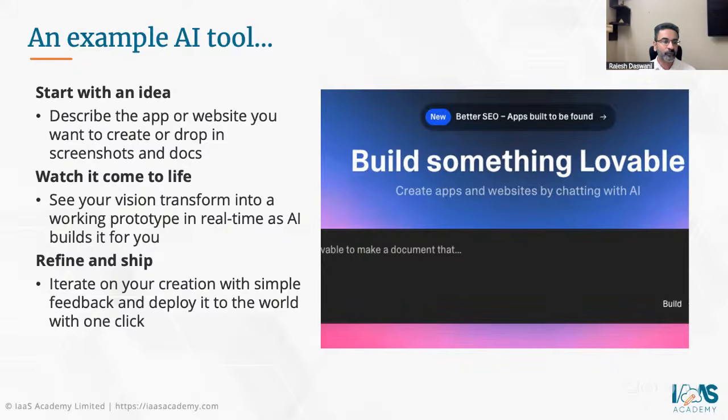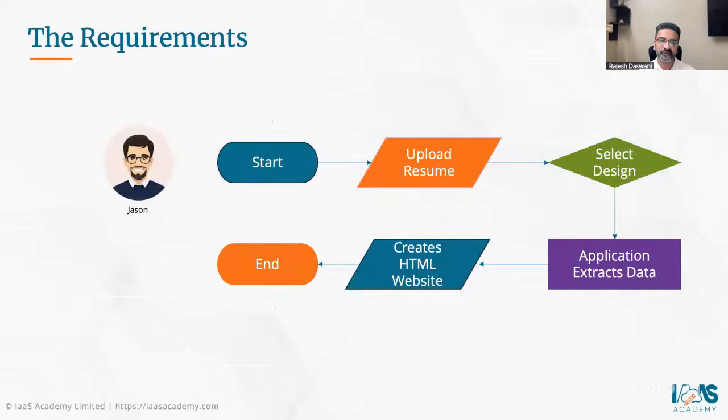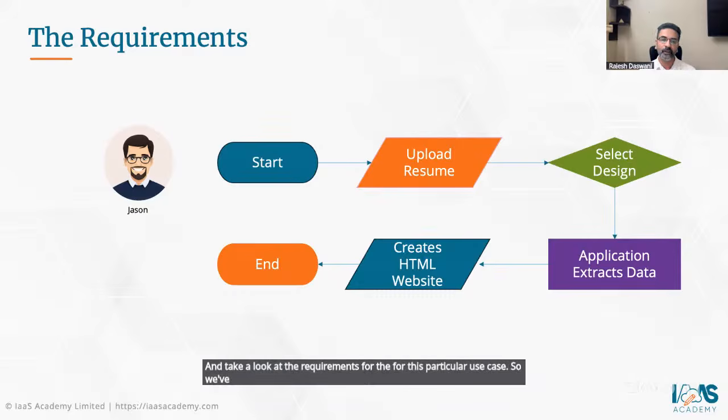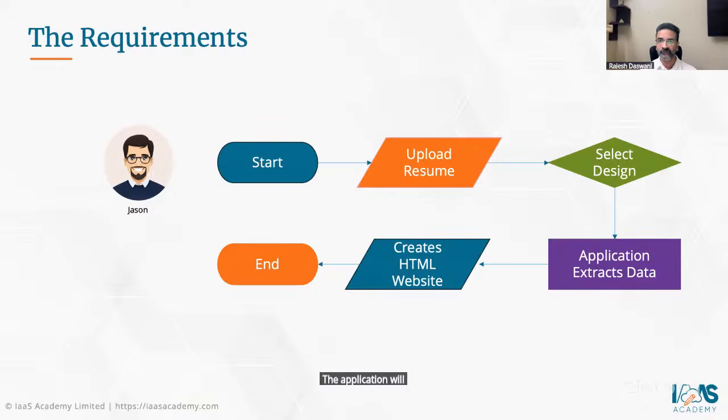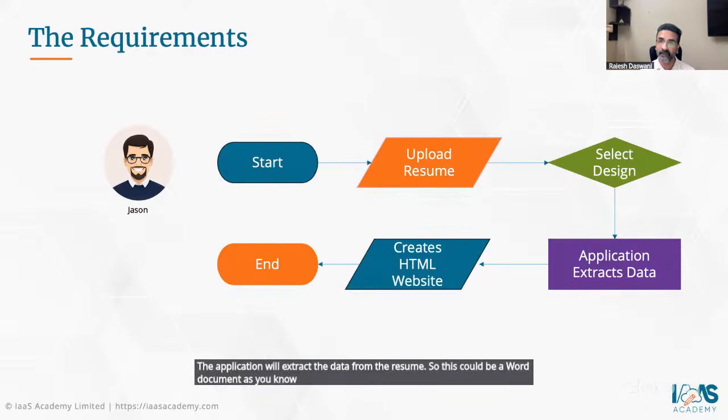Okay, so we'll move on and take a look at the requirements for this particular use case. We've got our users, and we want to build a solution where the user can upload a resume and select a design pattern. The application will extract the data from the resume, which could be a Word document, a text file, or a PDF document.